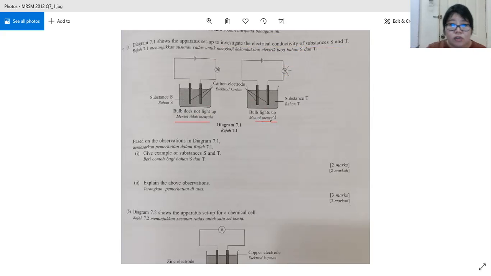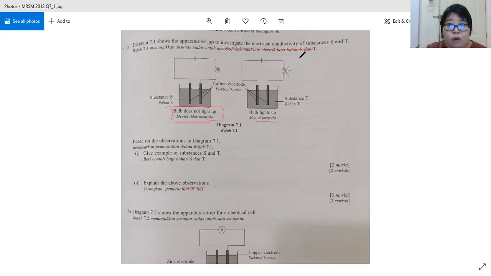Okay, now can you see? Explain the observation. This part is the observation. Okay, so now when you want to explain, we relate to the aim of the experiment again, which is to investigate the electrical conductivity of substance S and T.